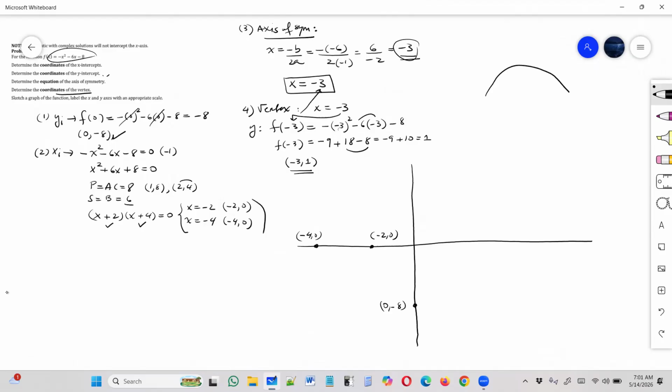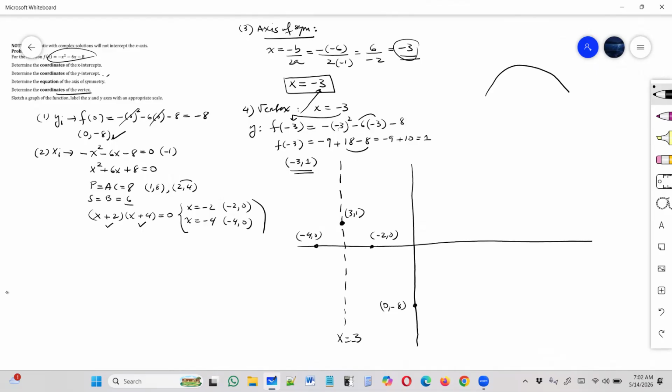Let's do the axis of symmetry, which is x equals -3. Remember, the axis of symmetry has to be a dashed line. Label it. And let's put in the vertex, which I think is here somewhere. I'm going to do it right here.